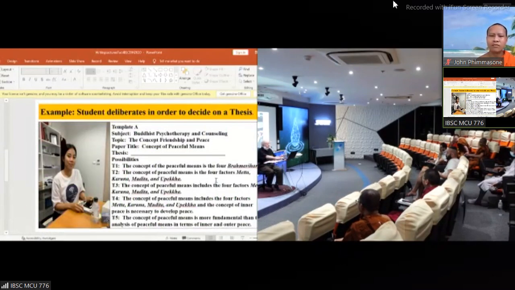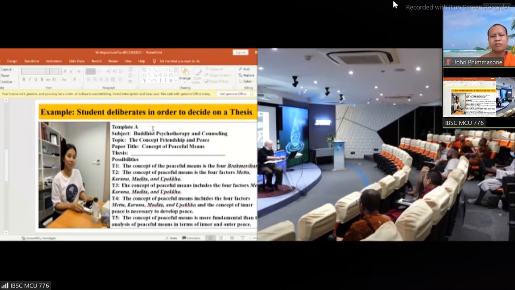And here's an actual student deliberating in order to decide on a thesis. I show examples from students who are in different stages of creating a template and main argument.